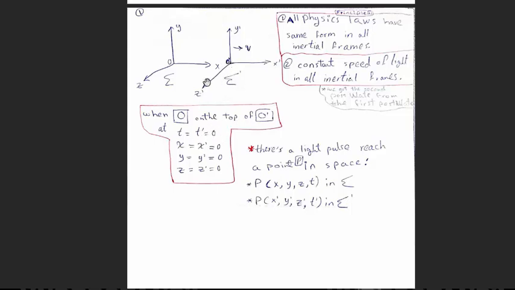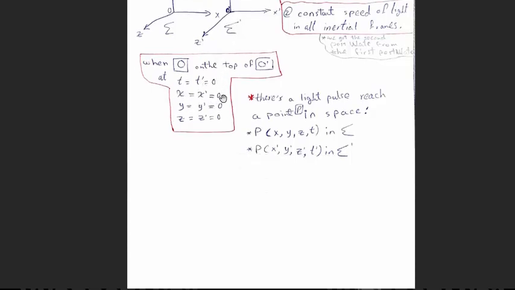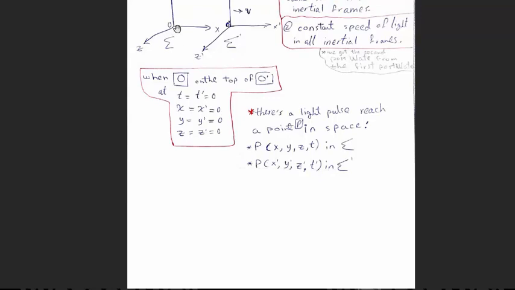So when O came on top of O dash, we measure time at this moment as 0, and x equals x dash equals 0. Fair enough, because both origins are on top of each other. And y equals y dash equals 0, z equals z dash equals 0.